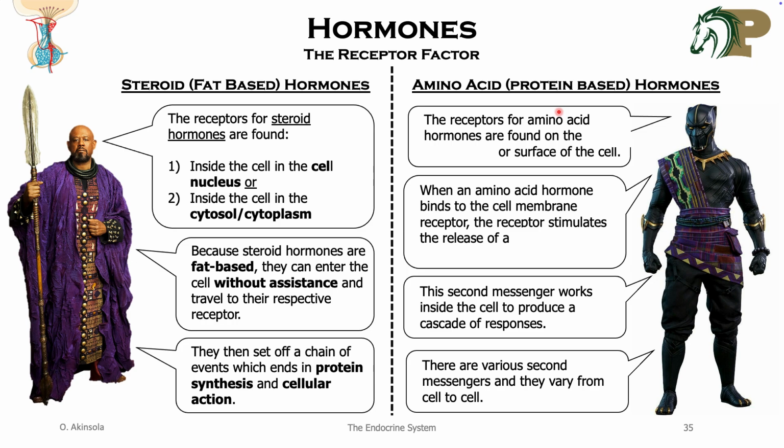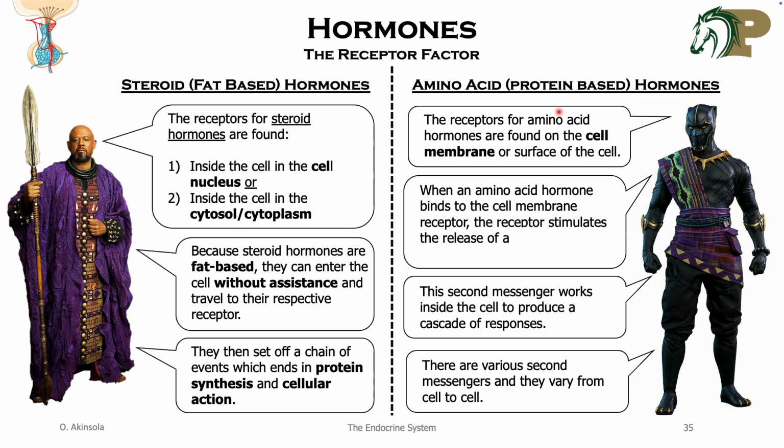The receptors for amino acid hormones are found on the cell membrane or surface of the cell. The cell membrane is fat-based. That means that it is hydrophobic. These particular hormones are hydrophilic. So these hormones cannot enter the cell by themselves. They need assistance.